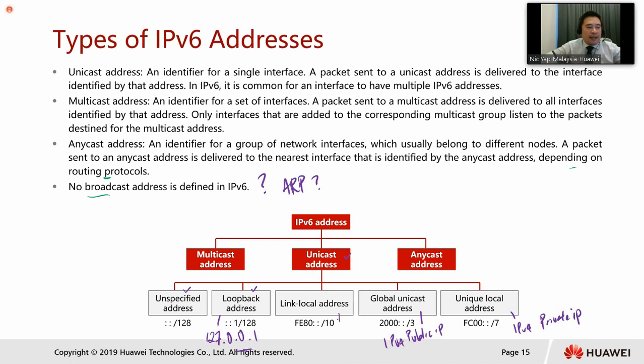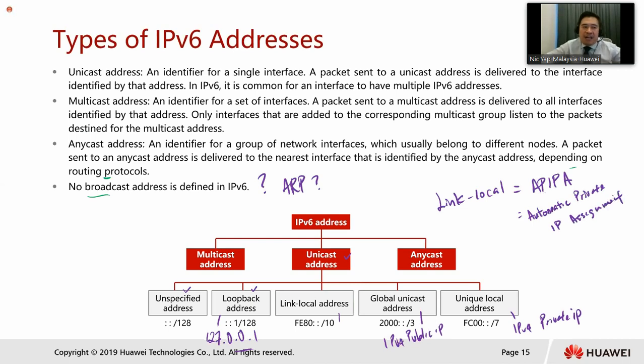So what can match the link local addresses? Link locals are similar to APIPA. Do you know the meaning of this? It stands for Automatic Private IP Assignment.